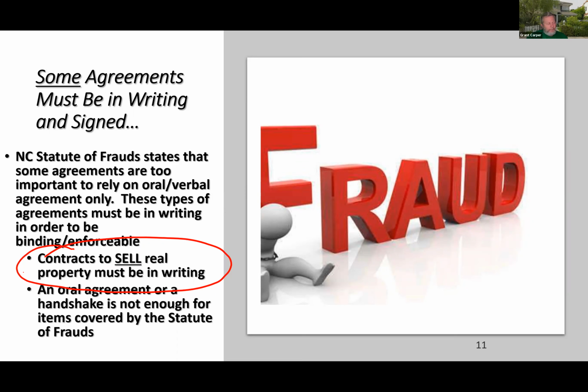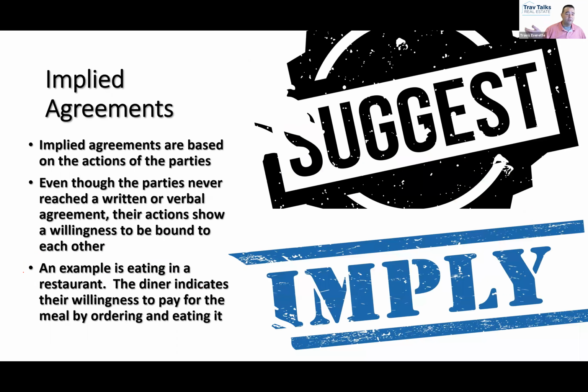Okay. So the statute of frauds says that certain agreements must be in writing in order to be enforceable. Implied agreements happen, like we said, when the parties never really came to an agreement, but their actions dictate. I still love the most classic, in my opinion, example of an implied agreement, but increasingly it doesn't work as an analogy in class.